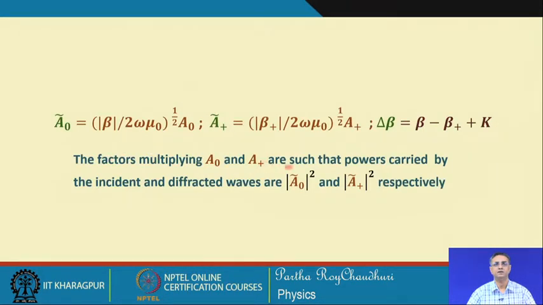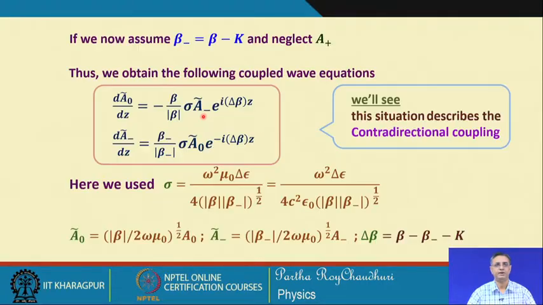Now, these factors A 0 and A plus are such that the powers carried by the incident and diffracted waves will be like this. So, mod of this square and mod of this square will represent the power which is carried by the incident beam and the diffracted beam. So, if we now use this condition for the plus order diffraction, this will represent the plus order diffraction. So, we will consider the minus order diffraction and we will bring out the same condition. In this case, sigma will be represented by beta mod, beta minus mod, which will be appearing here.